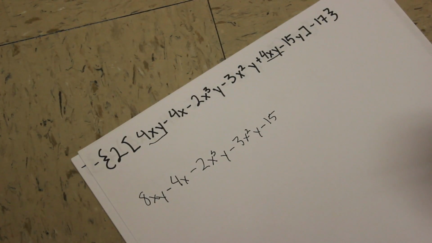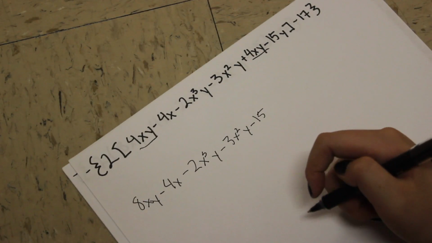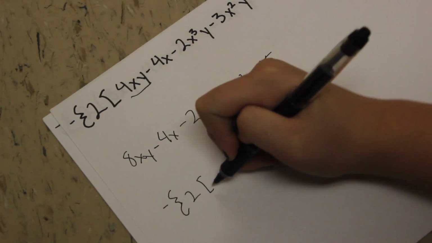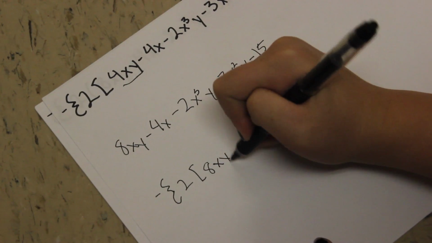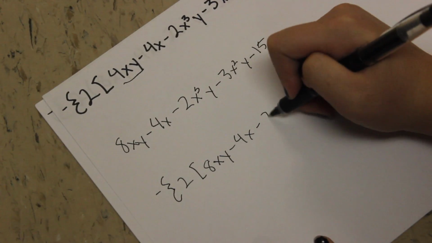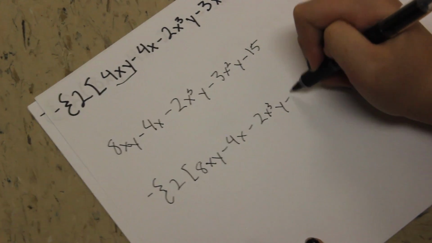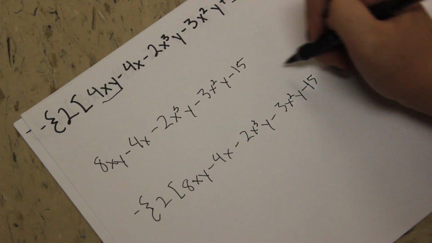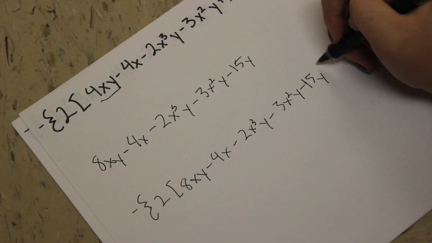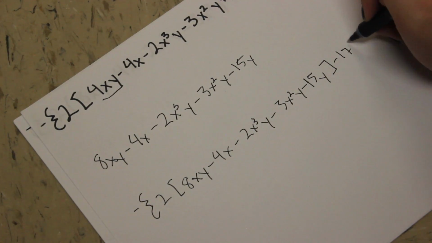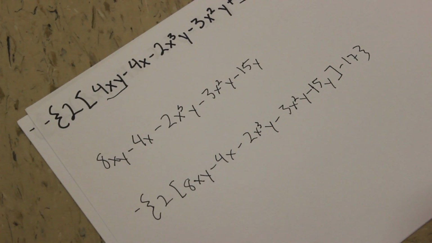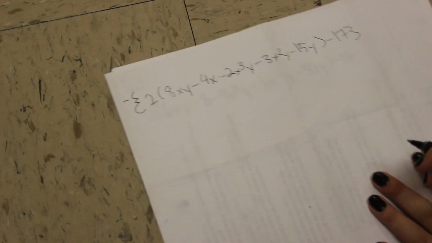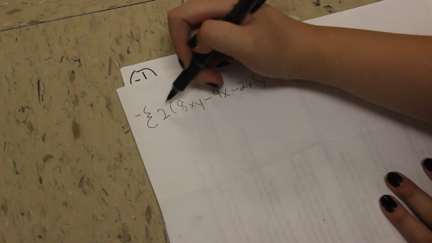And we plug that into the equation one last time to get, I forgot that y there. And we get that. And now we distribute the 2 to everything inside these brackets. Okay, now we distribute the 2 to everything in the parentheses.